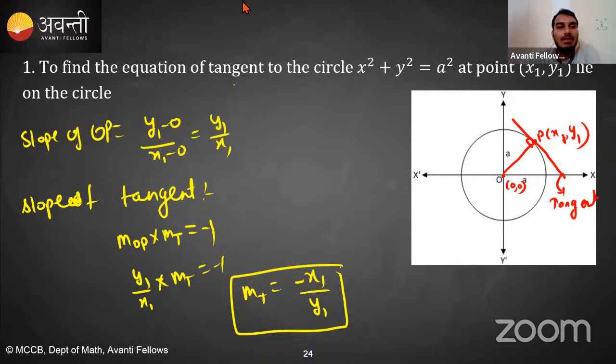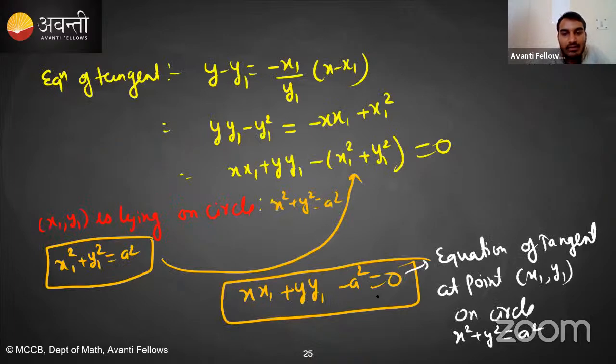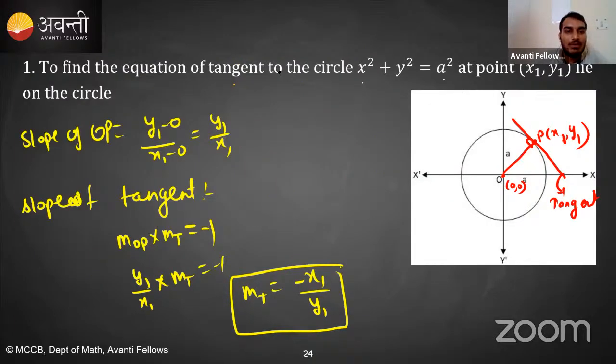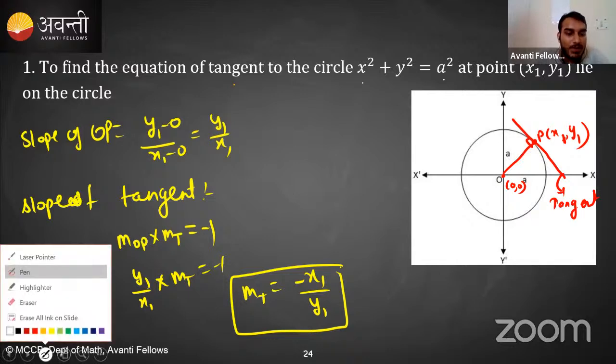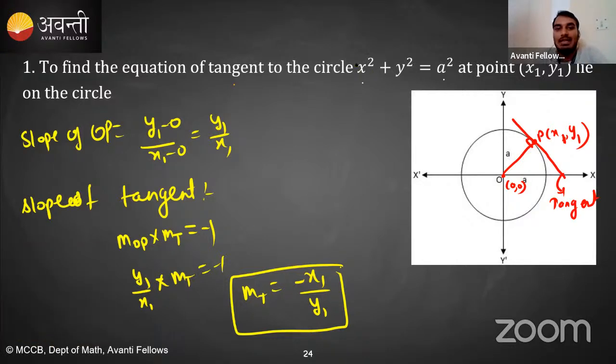Everybody, if you notice here, the circle was x² + y² = a², and what we got is x·x1 + y·y1 − a² = 0. If you look closely, there is one pattern you will recognize: if you replace x² with x·x1 and y² with y·y1, you will get the equation of the tangent here.